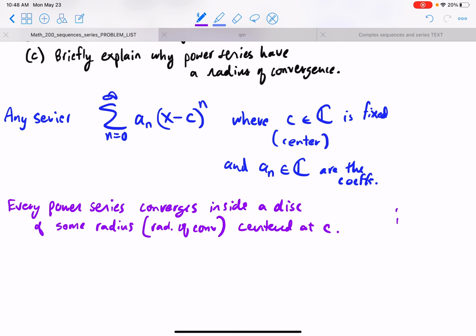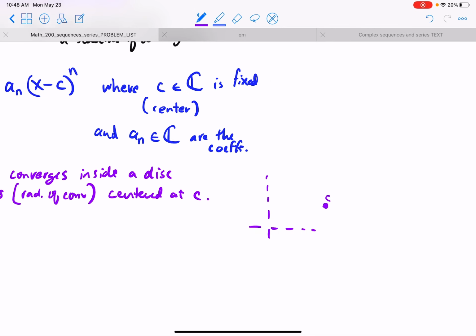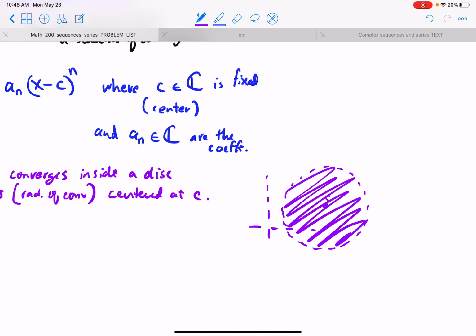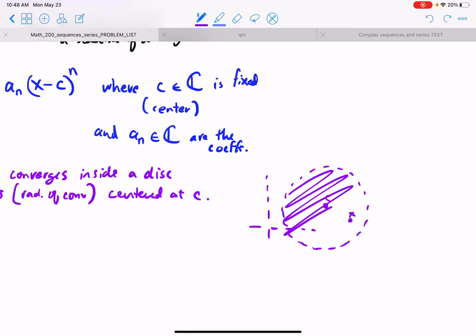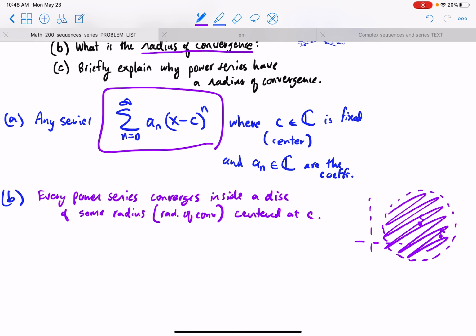In a picture, if here's the complex plane and maybe this is c, then there's some disk, and everywhere inside this disk, if we choose x here or here, anywhere inside the disk, then the series converges.